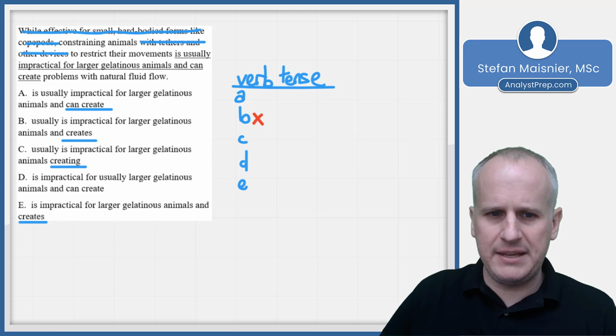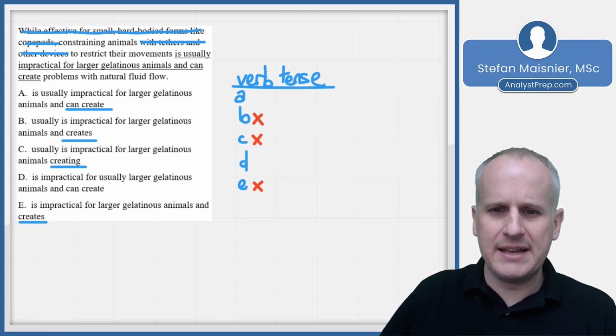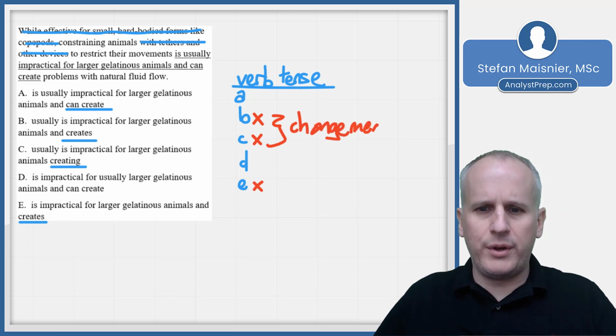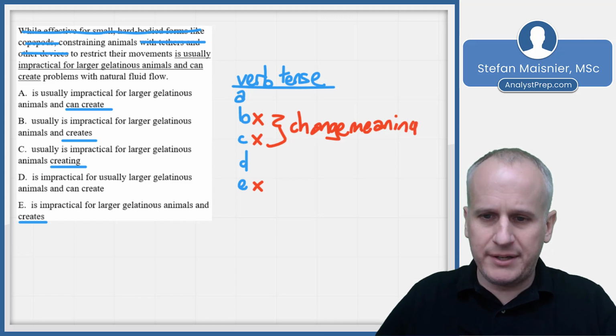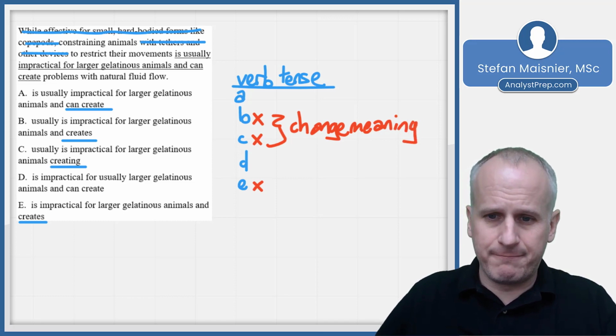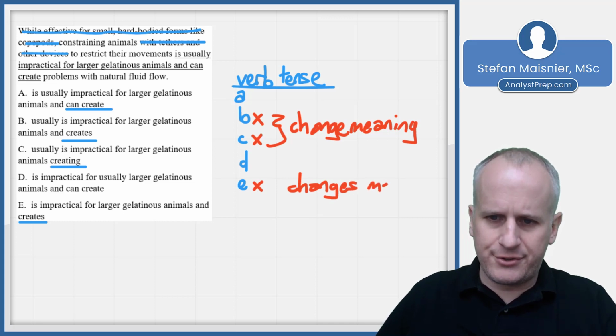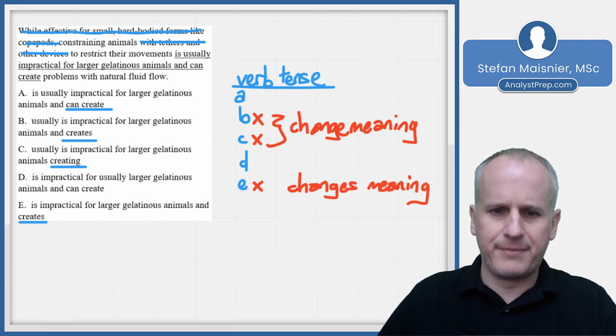And B, C, and E each incorrectly change the meaning by making what was once a possibility into a certainty. So we can eliminate each of those answer choices for this single issue.